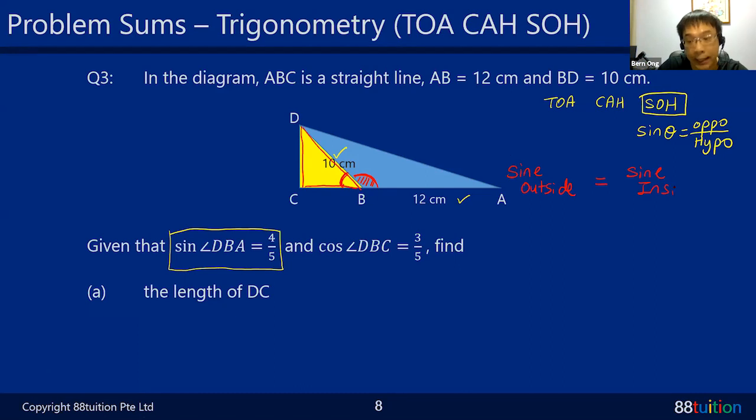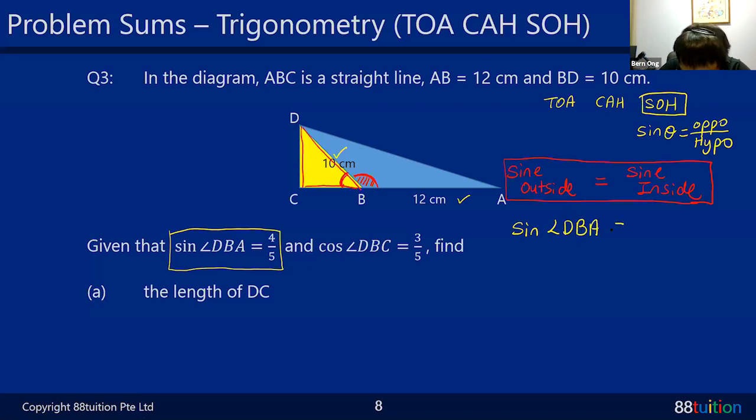This is only for sine. Remember just now? Cosine outside is the minus of cosine inside. But down here, sine outside and sine inside are the same. With this knowledge, sine outside, which is sine angle DBA, is equal to the sine of inside, angle DBC.